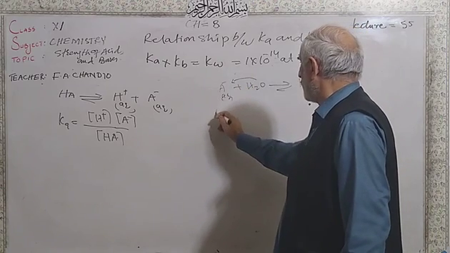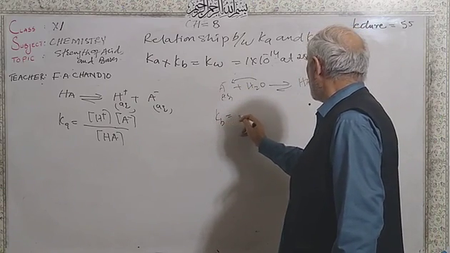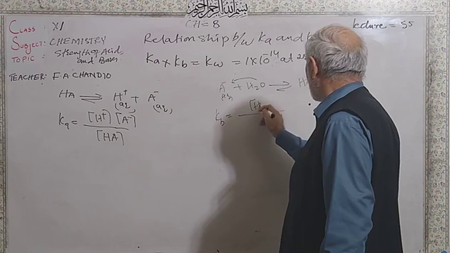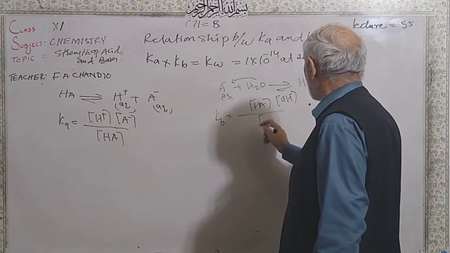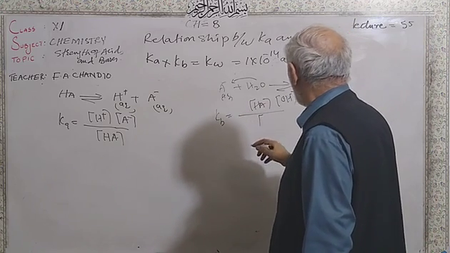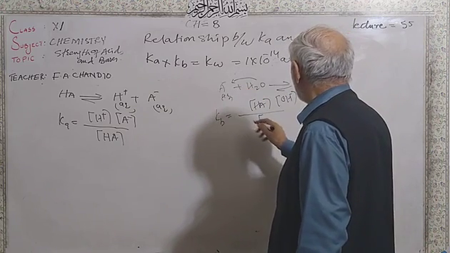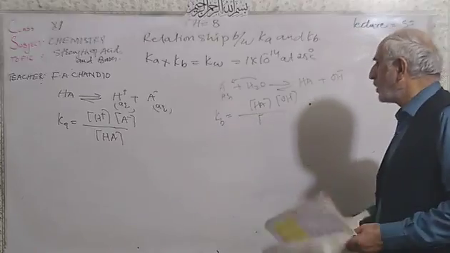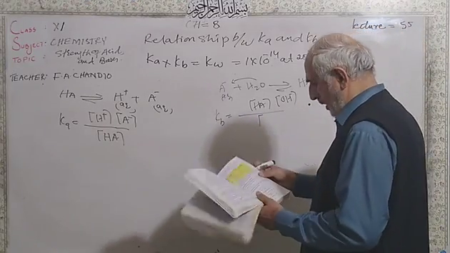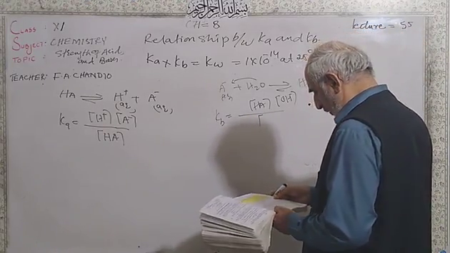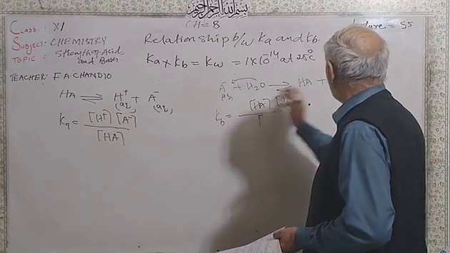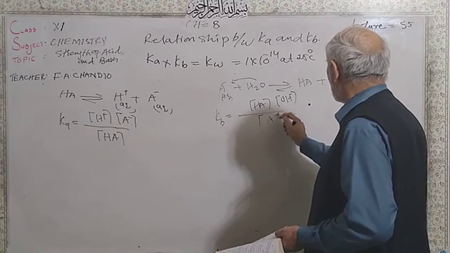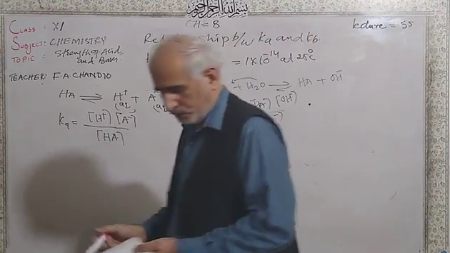This is a base, and this is for the Kb: the concentration of the acid HA times the concentration of OH divided by the concentration of A, because water is constant here. So we don't write water, and we write only the concentration of A.